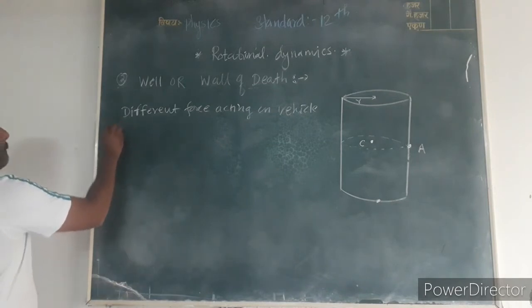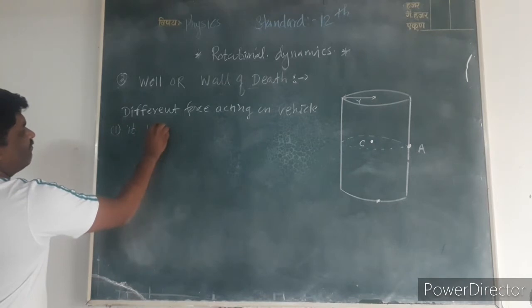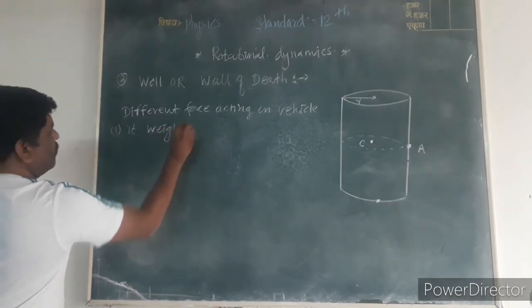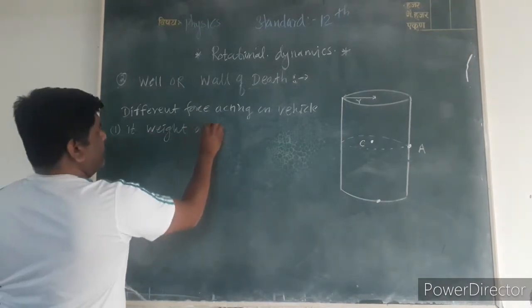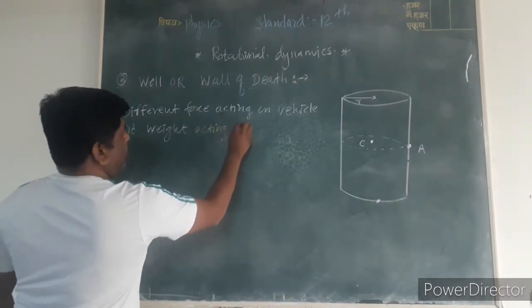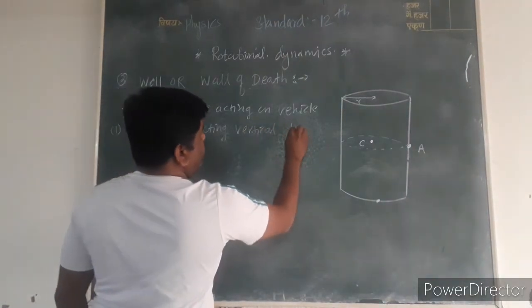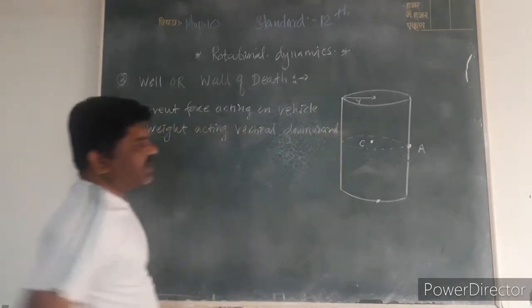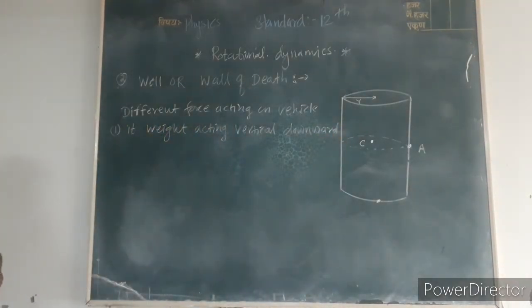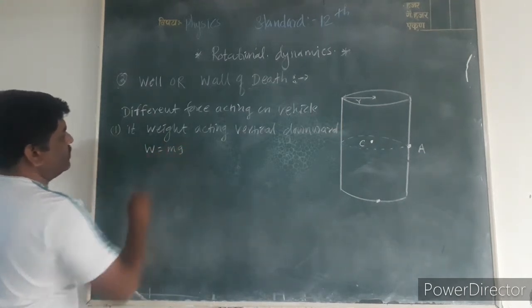First, its weight, or weight of vehicle, acting vertically downward. This is the first force acting on that vehicle. W is equal to mg.